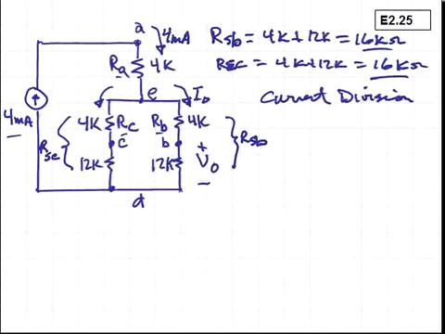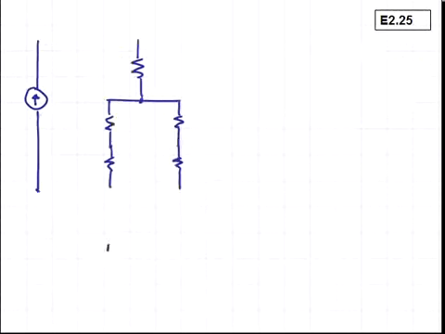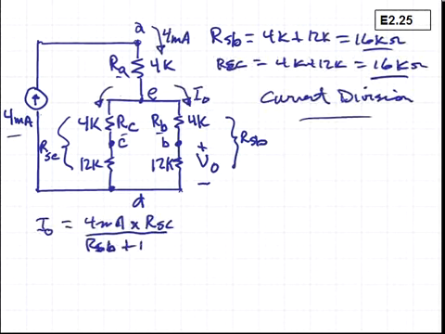So by current division, we can say that I sub O is equal to 4 milliamps times the resistance in the other parallel branch, which is RSC, divided by the sum of the two parallel branch resistances, RSB plus RSC.